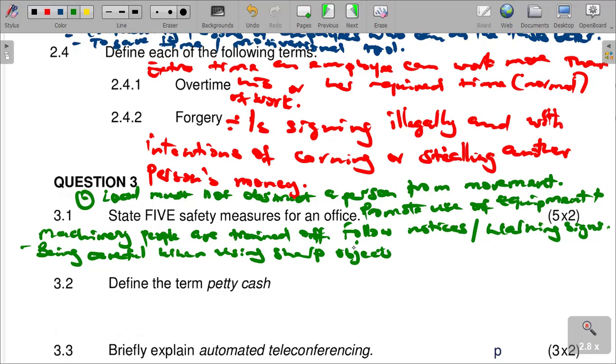So also we talk about not pressing against the glass or a window to open it, because it may break. Always be careful.